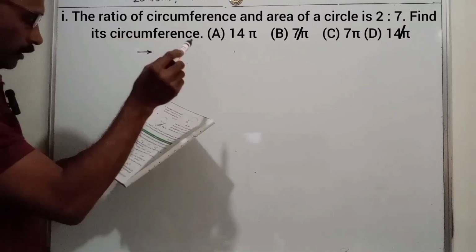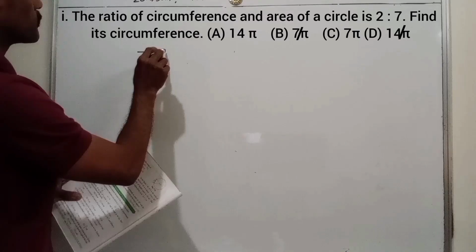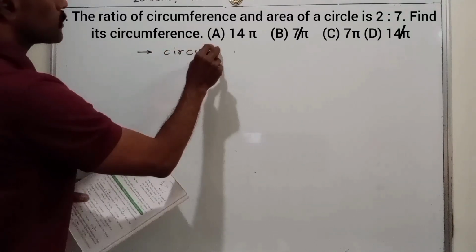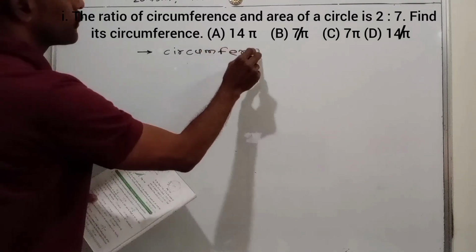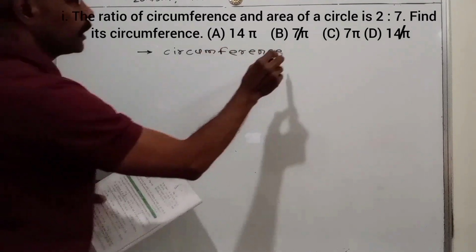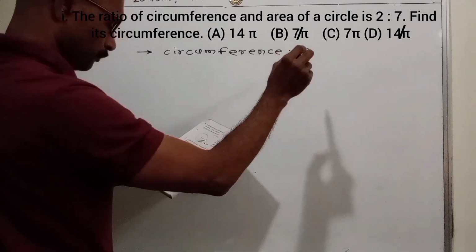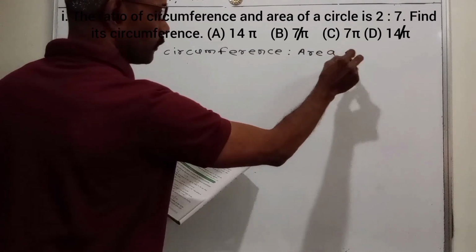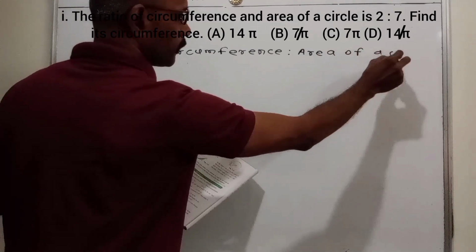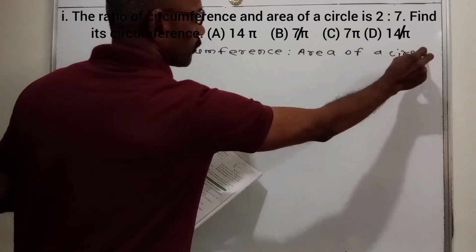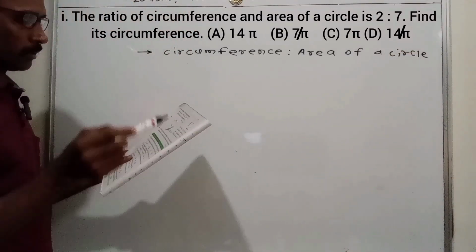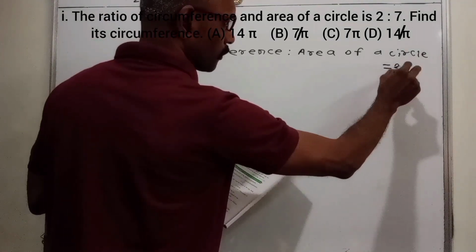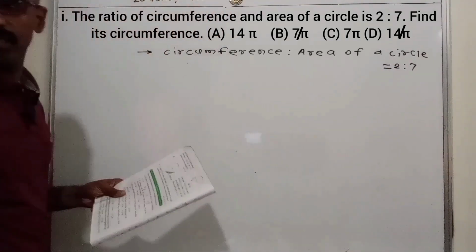See this. Ratio of circumference of circle to area of a circle is given as 2:7.